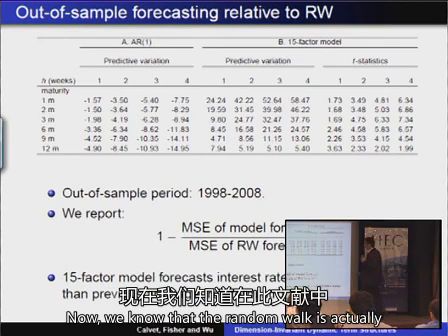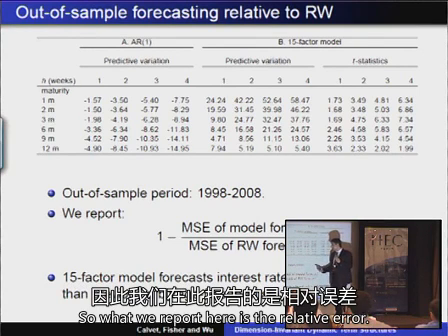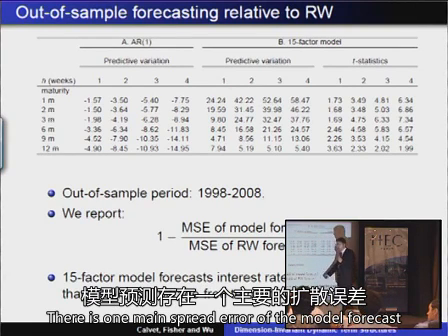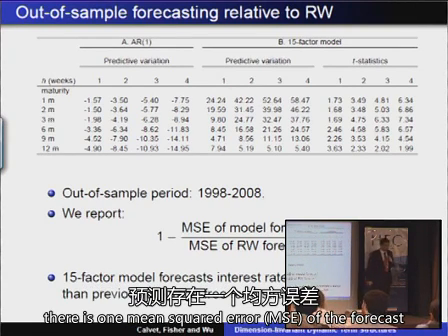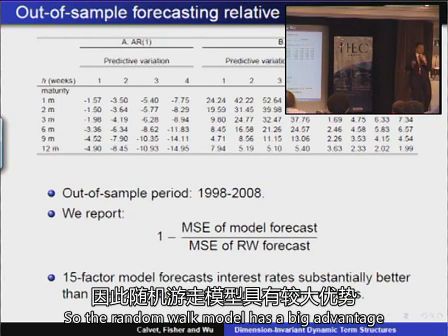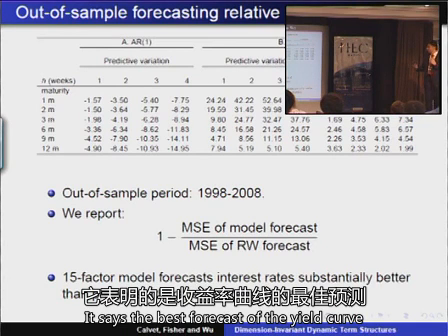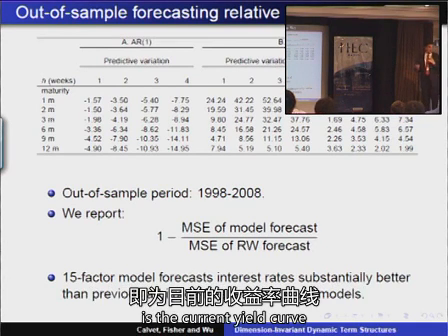Now we know that the random walk is actually a pretty hard benchmark to beat in this literature. So what we report here is a relative error that is 1 minus the mean squared error of the model forecast divided by the mean squared error of the forecast coming out of the random walk model. The random walk model has a big advantage, right? It says our best forecast of the yield curve is the current yield curve.